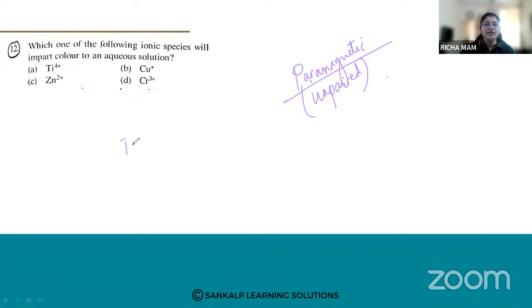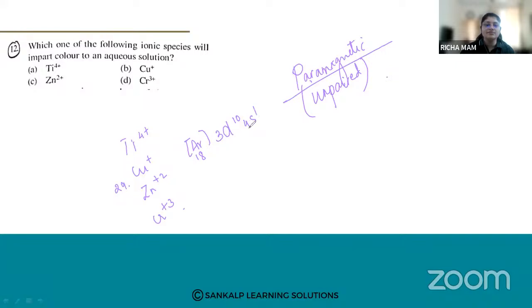Now, if you see titanium plus 4, copper plus, the oxidation state for this, and you can see copper is 29. So argon 18, 19, 20, 21, 22, 24, 25, 26, 27, 29. So it is 3d10 4s1.